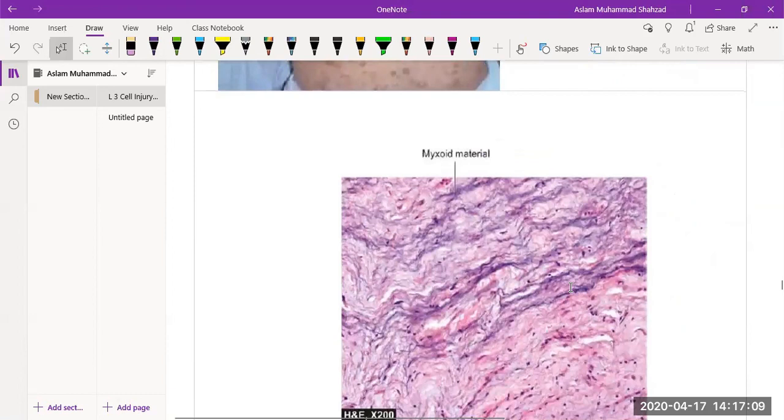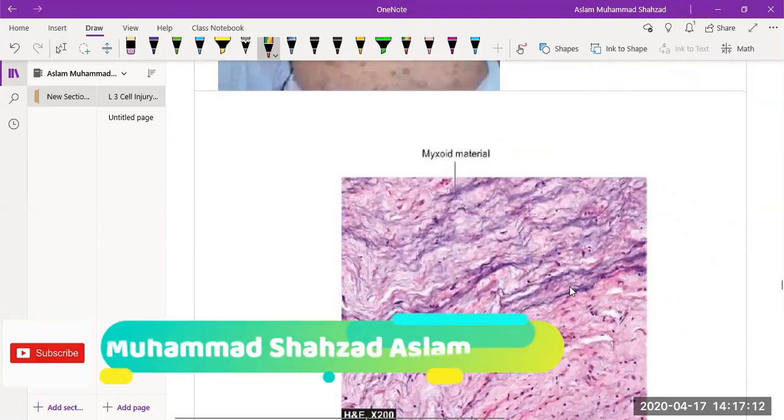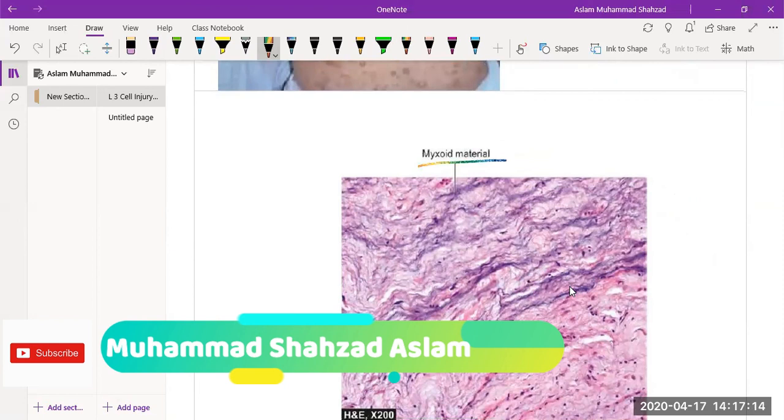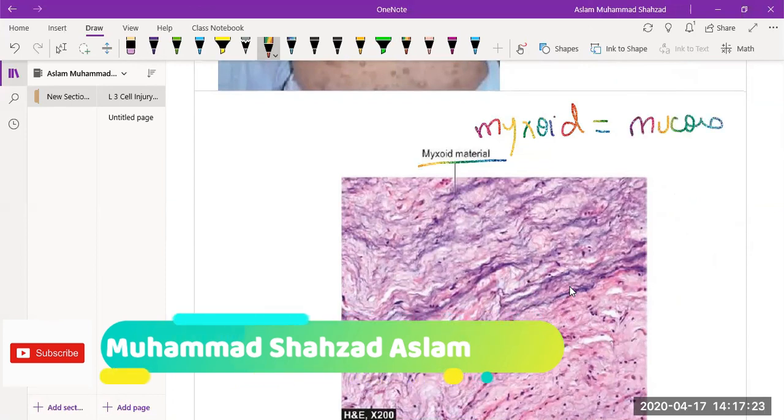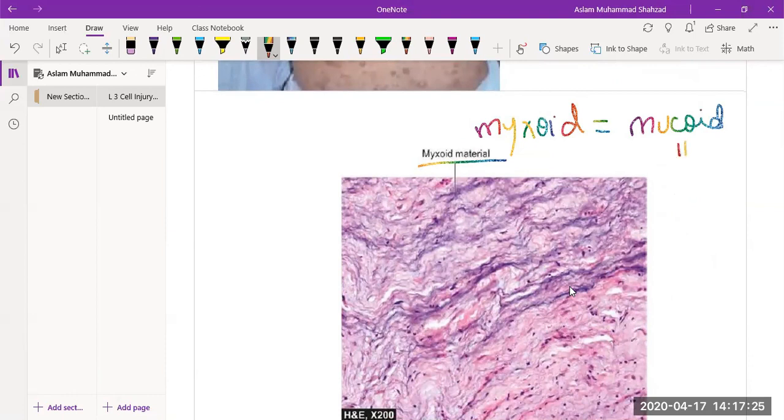If you take a look at the microscopic characteristics, we will find myxoid material. What is meant by myxoid? It means mucoid or mucus.